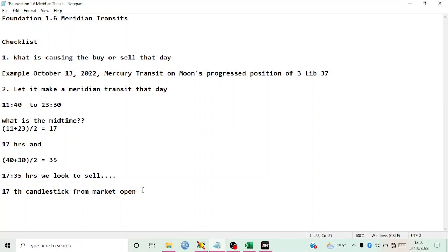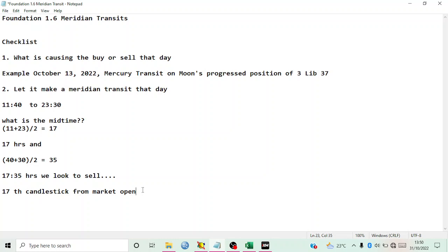So please always remember the Meridian transits are supposed to be like this, but they don't provide the very best timing. The only timings that you can trust are the moon transits.